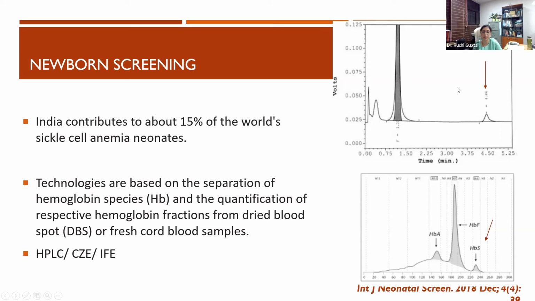To confirm that, you can repeat this run when the child is a little older. Similarly, in capillary zone electrophoresis, largely you have F, then a small amount of A, and again a small amount of S, which tells you that the newborn is affected by sickle cell disease.